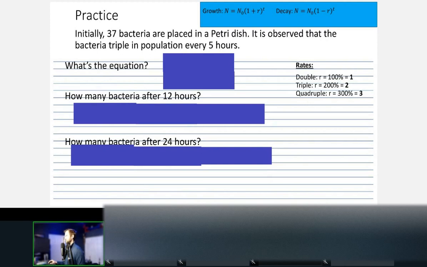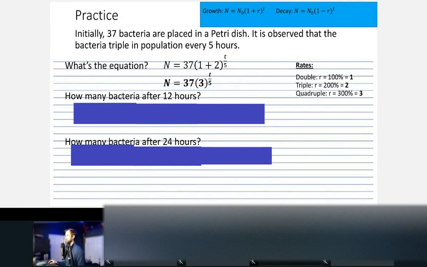Yeah, 37 times 1 plus 2 raised to the t over 5. 37, yep. Yeah, very good. And then we simplify. Good.